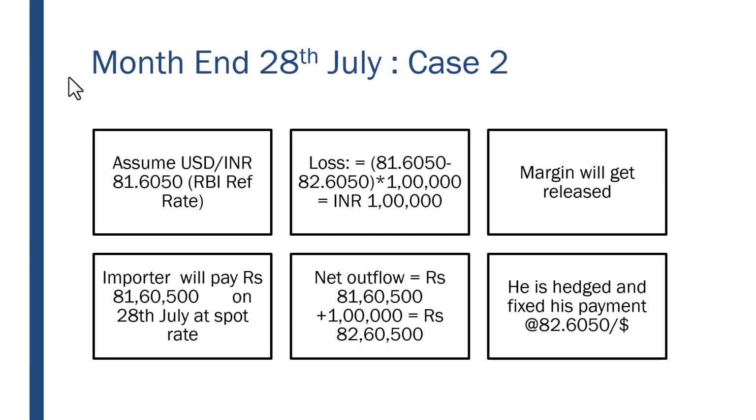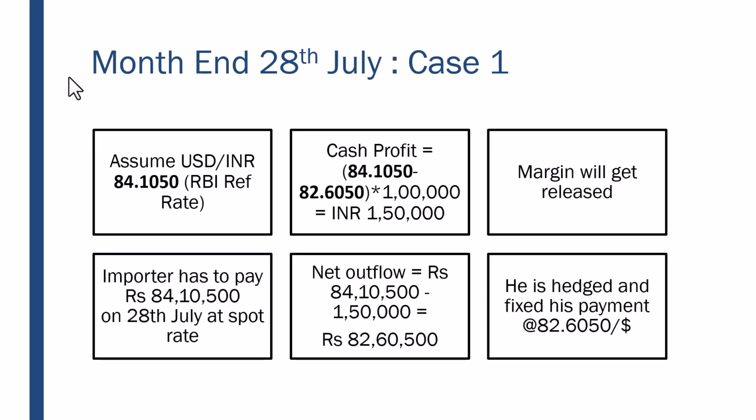But suppose the dollar, instead of going up, comes down, you are going to lose in the stock exchange but gain in the actual position, but you are not going to get that gain. Your actual outflow will be the rate at which you have fixed your position. You have taken your cover. Is that okay?